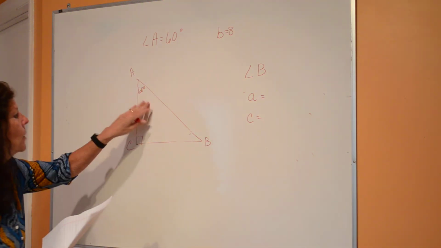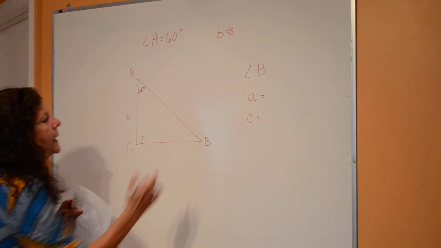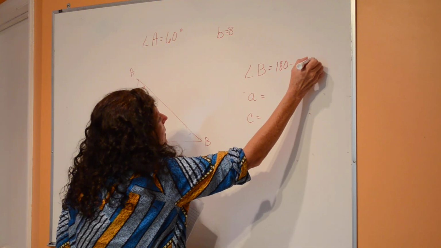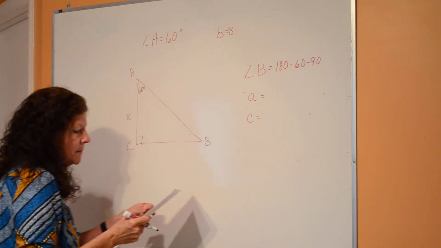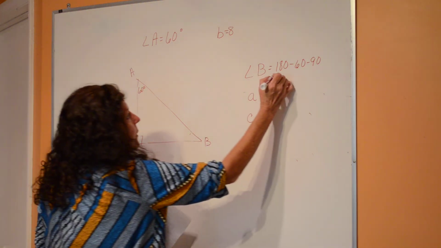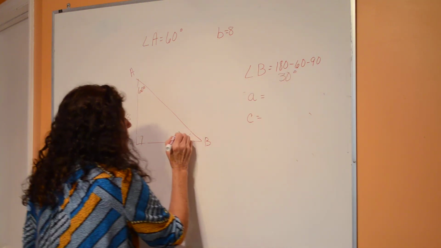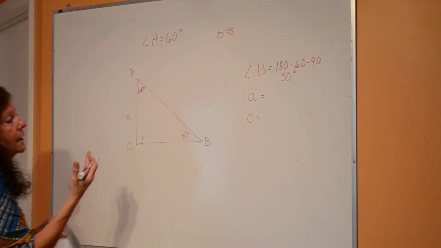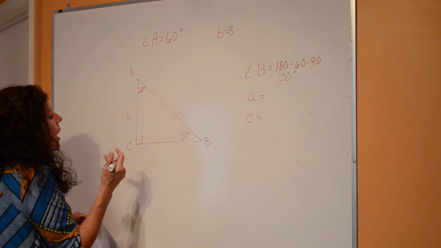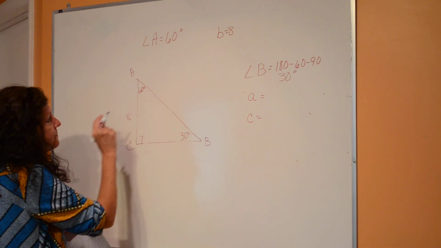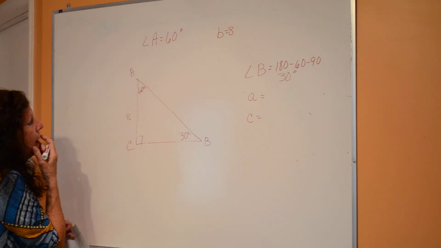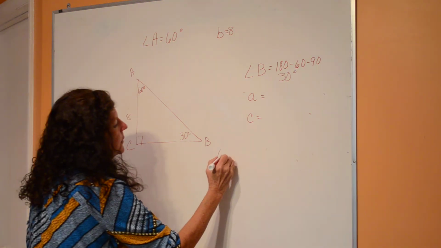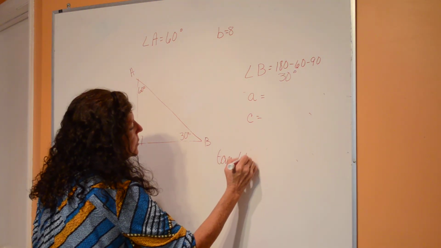All right, so I can easily find B. B is going to be 180 minus 60 minus 90, which gives me a value of 30 degrees. So I know that angle B is 30 degrees. Well, now I'm going to use trig to find A and C. So I don't know my hypotenuse. I do know my adjacent, so maybe I want to use tangent. Okay, it's up to you which one you use.